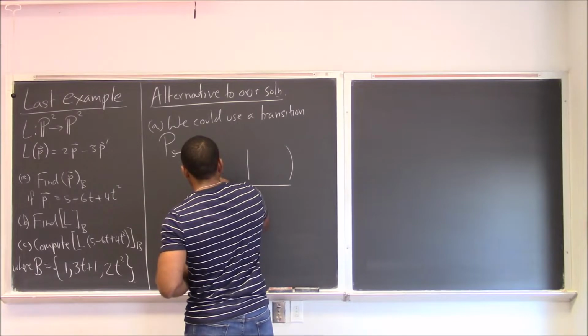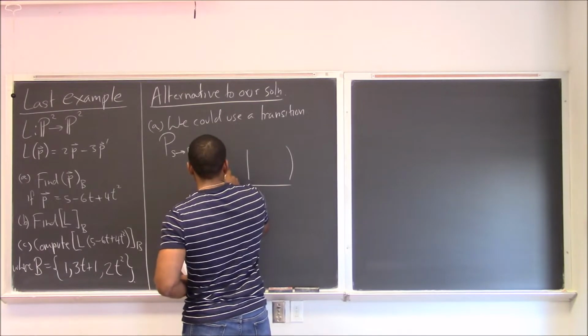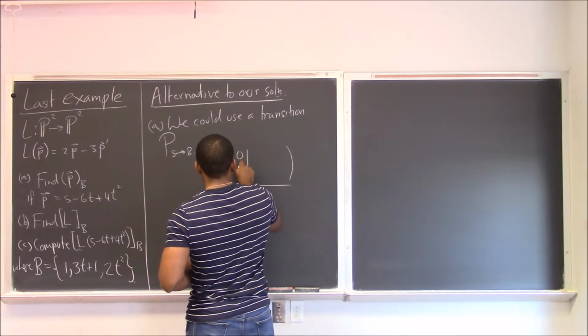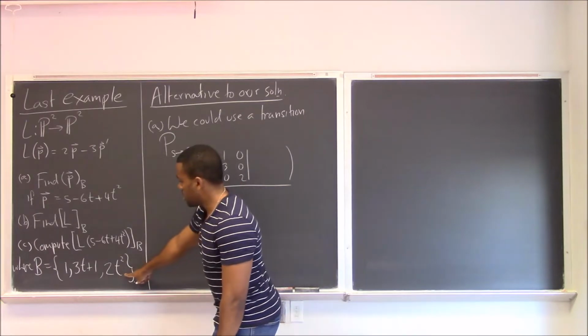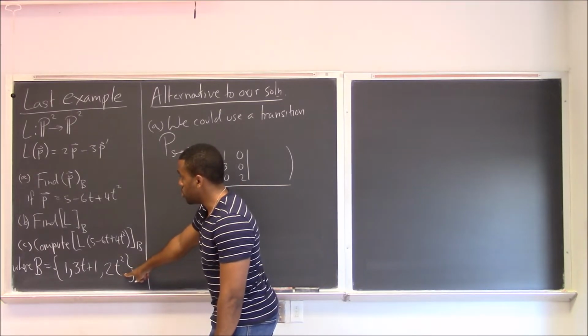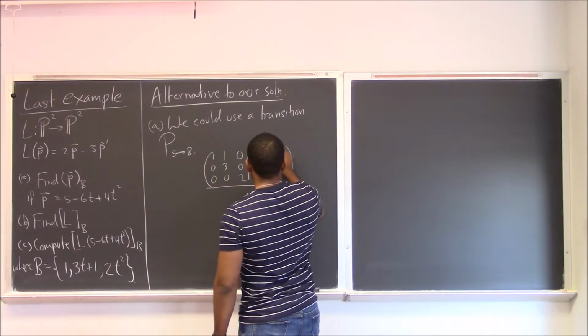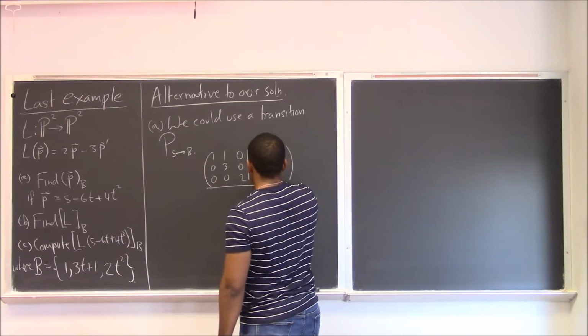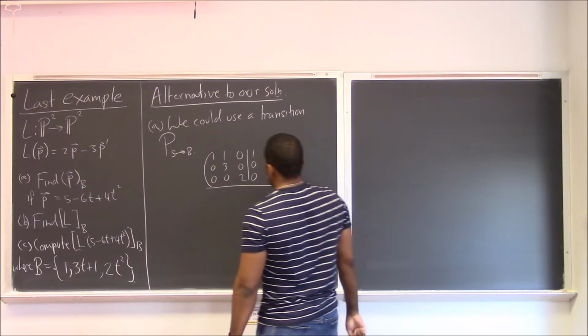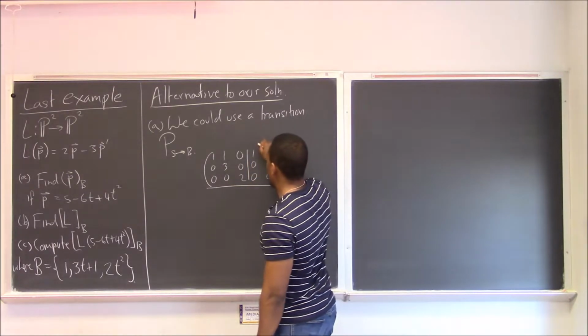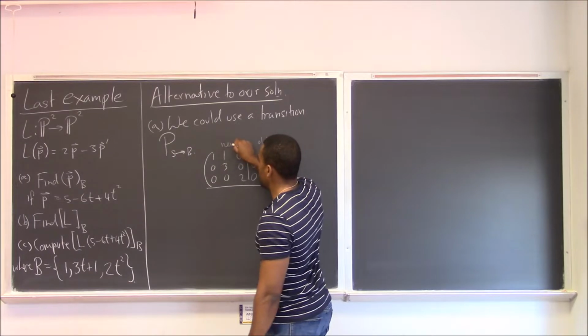This is 1, 0, 0, 1, 3, 0, 0, 0, 2, which is just expressing this basis in terms of coordinates using our typical mapping. And then we put the standard basis on this side. So this is the old basis we want to translate to the new basis.